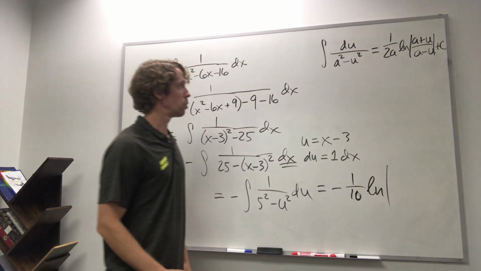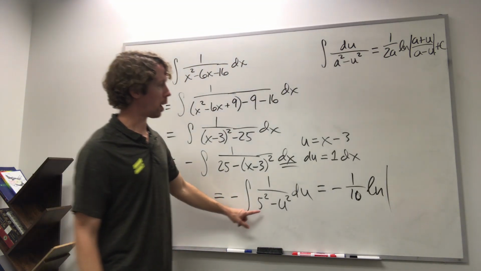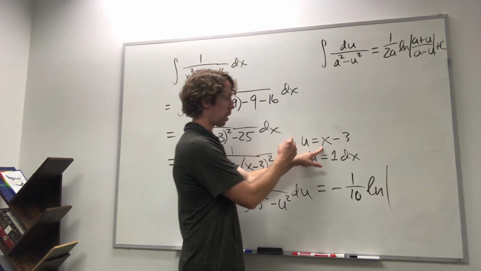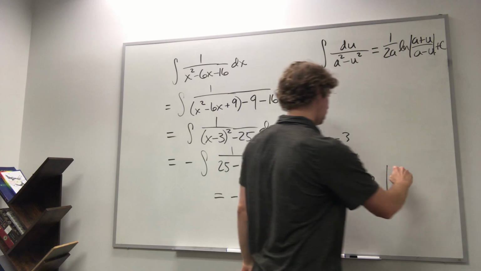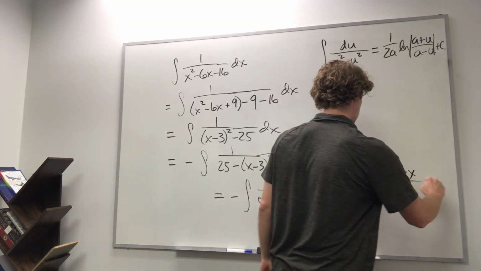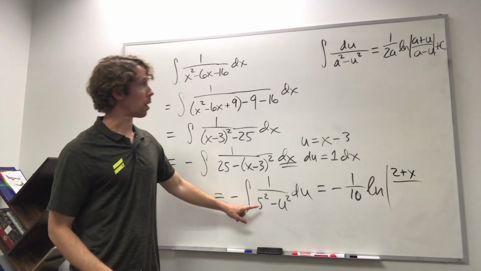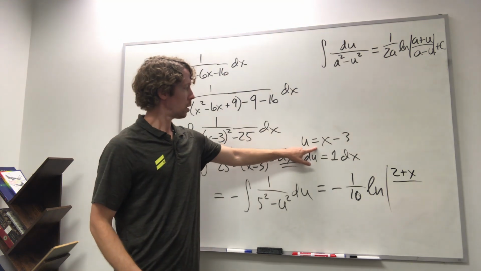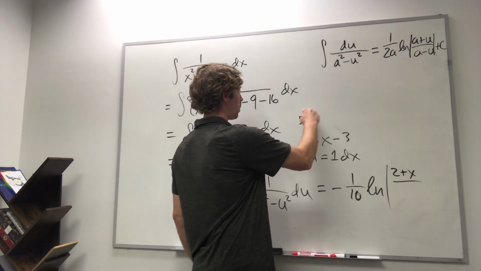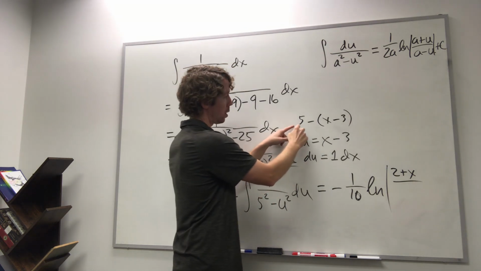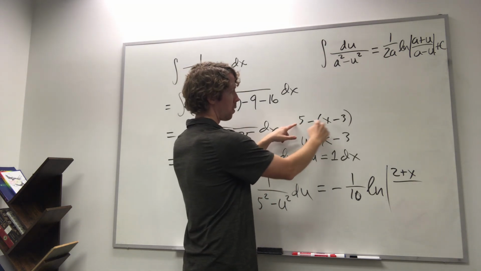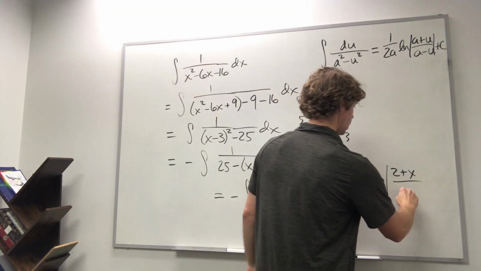Natural log, absolute value of 5 plus u. 5 plus x minus 3 is 2 plus x. And then I've got 5 minus u. So that would be, I'll have a negative x, and then I'll have a 5 plus 3, which is 8.